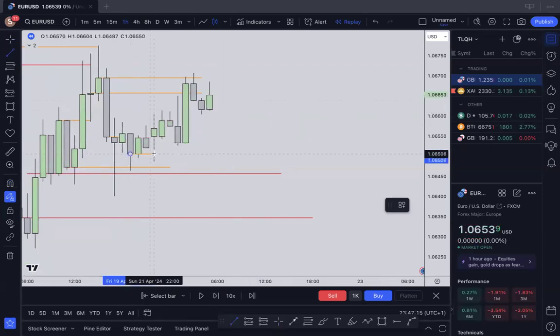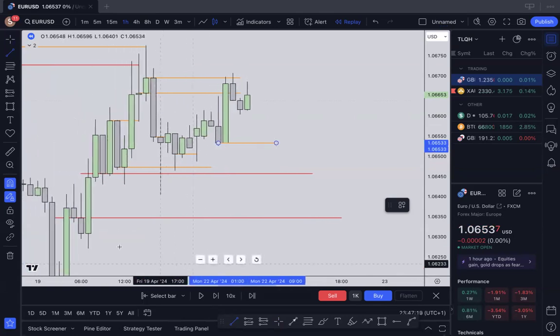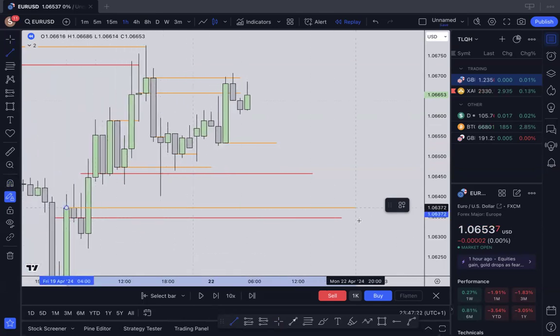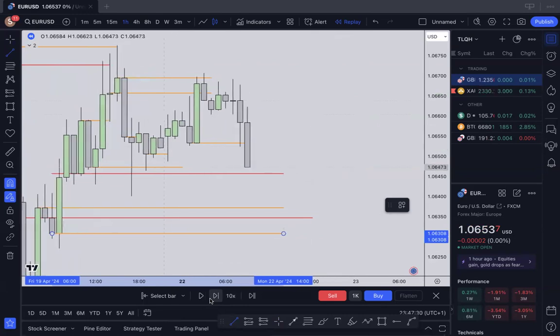But notice here, we are still reacting from the H1 zones. So where would our next zone be that we would want to target? I believe it would be down here or down here, completing the storyline. You can see there we get a reaction, and even here we are reacting.